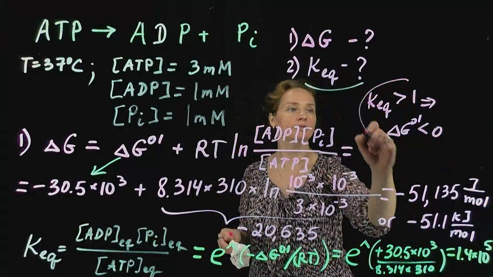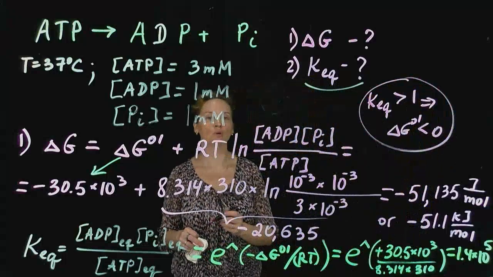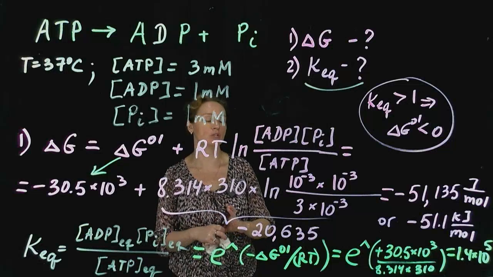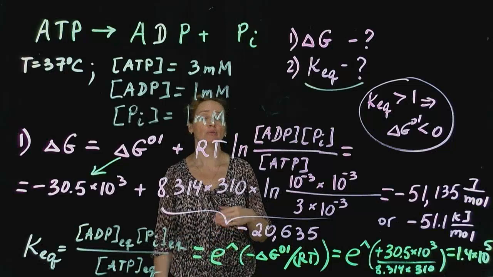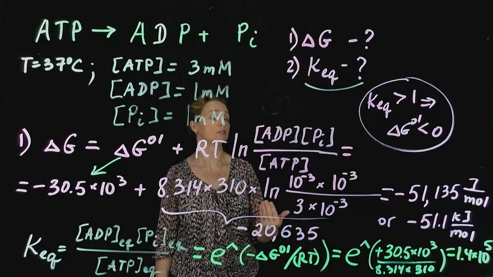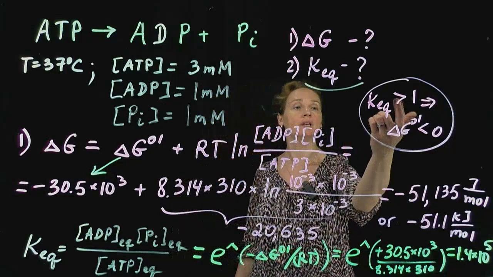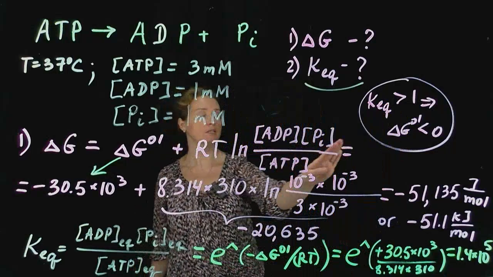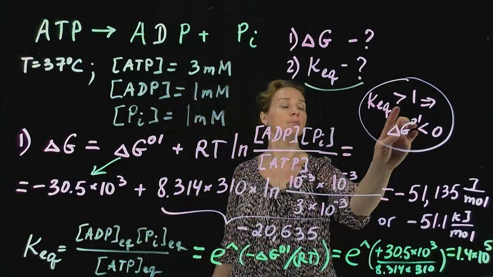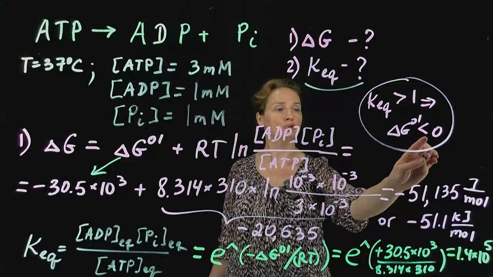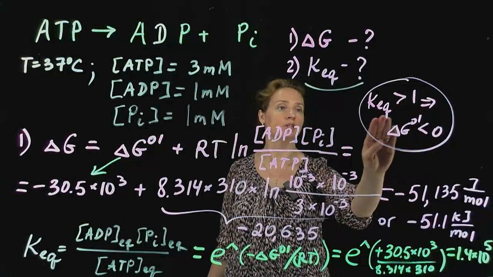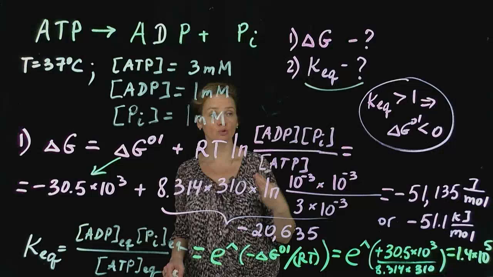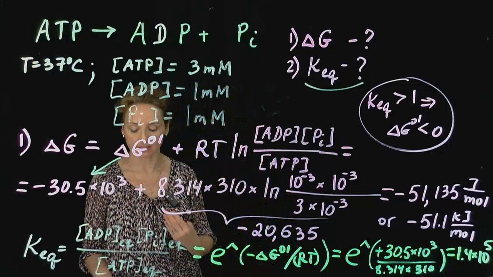And so if we are given just the equilibrium constant, or we have calculated the equilibrium constant based on the equilibrium concentrations given, we can determine whether or not this reaction will be spontaneous as written under standard conditions by the value of the equilibrium constant. Please don't confuse delta G with K equilibrium. Delta G is supposed to be negative for the reaction to be spontaneous, but the equilibrium constant is supposed to be more than 1 for the reaction to be spontaneous under standard conditions.